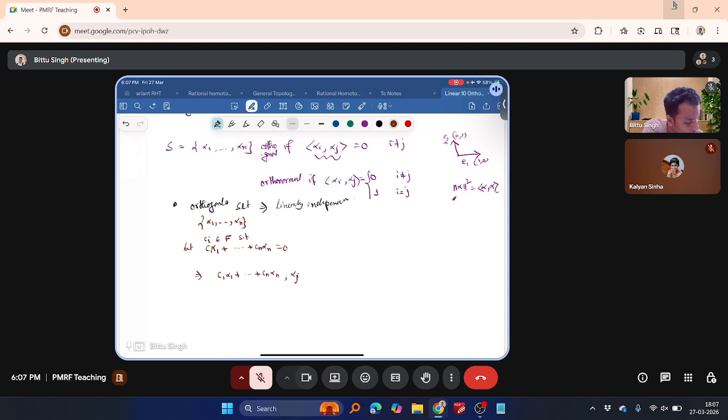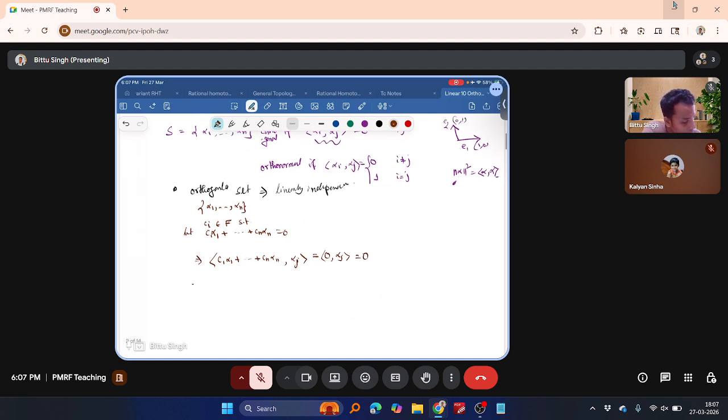Then just take the inner product with alpha j. This is 0 comma alpha j, and if you take the inner product with 0, you can deduce by linearity that this is always 0. Now use the property of inner product: you can take the coefficients ci common, for i equal to 1 to n, and you get the sum of ci alpha i inner product alpha j equal to 0.